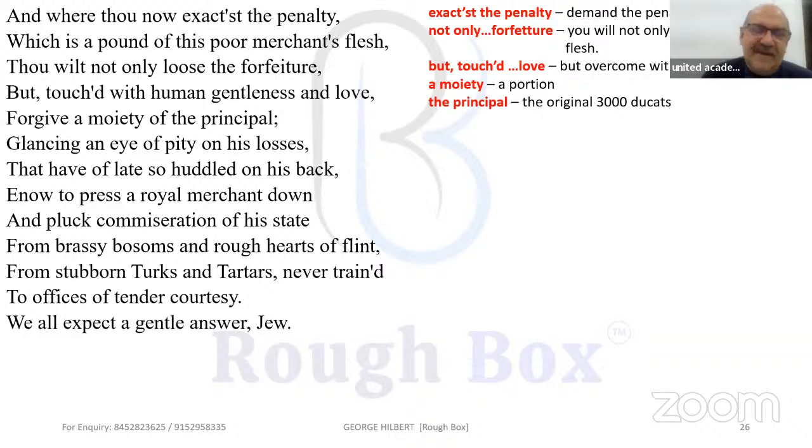He says you will not only give up the demand for his pound of flesh, but being overcome with tenderness and love, you will also forgive a moiety, a small portion of the principal amount of 3,000 ducats.